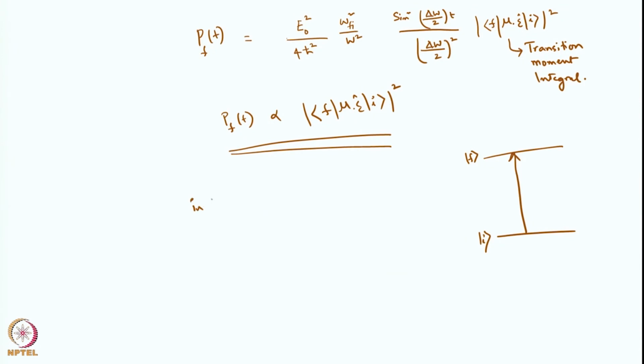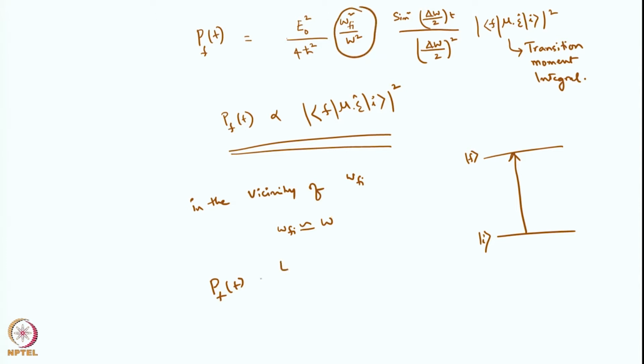Now, it turns out that if I slightly rewrite this in the vicinity of omega Fi, that means omega Fi is approximately equal to omega, you will have a transition only when there is a resonance. So, in that scenario one can rewrite this equation for P_f(t). When omega Fi is equal to omega, I can ignore this term.